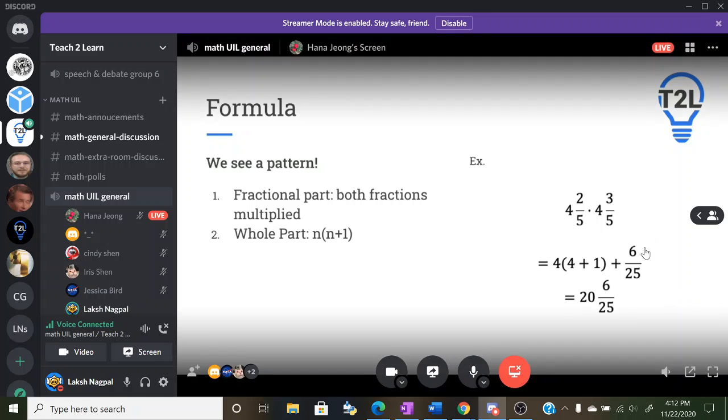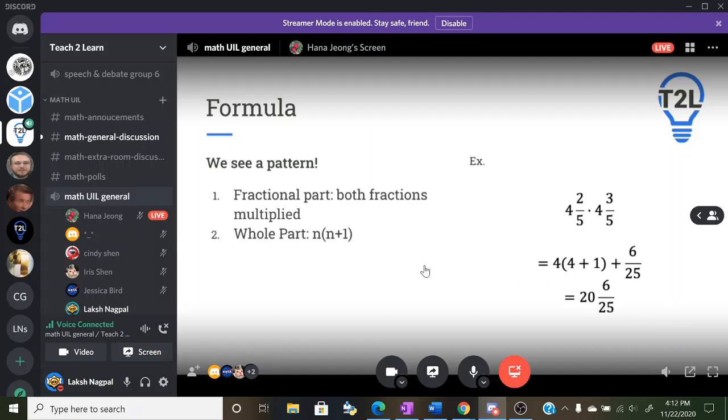And that's basically the first and second part combined. And then for your third part, you would multiply the fractions by each other. So that's 2 times 3, which is 6, over 5 squared, which is 25. So that's plus 6/25. And then you would do the same as last time by solving in the parentheses to get 5 times 4, which is 20, and then just combine the two.